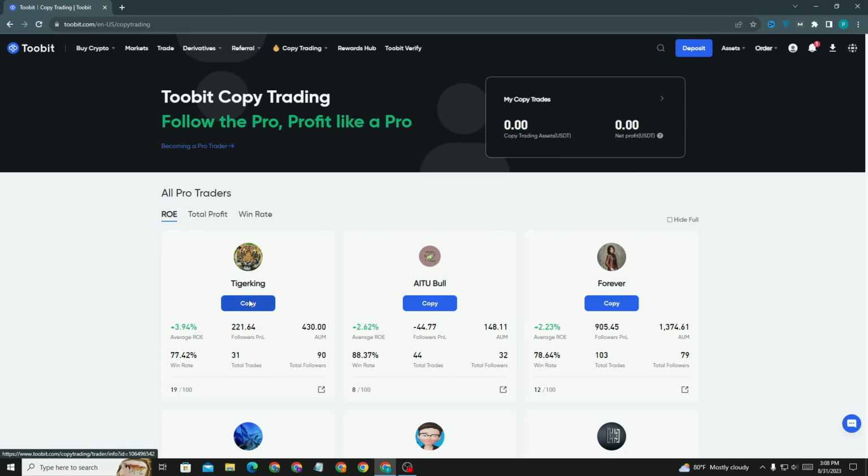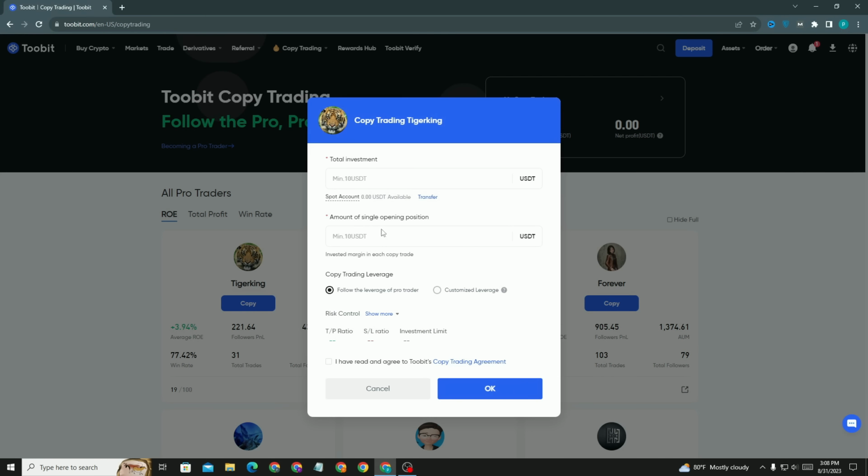So for these traders, you can see top income, and for example, if you wanna spend, minimum $10 you need to spend. If you wanna do it for 100, then you can simply go for it. So if the trader has a good margin of profit, then he or she will definitely share with you, so automatically it will increase your revenue. So it depends upon you whether you choose to do this kind of thing or not.